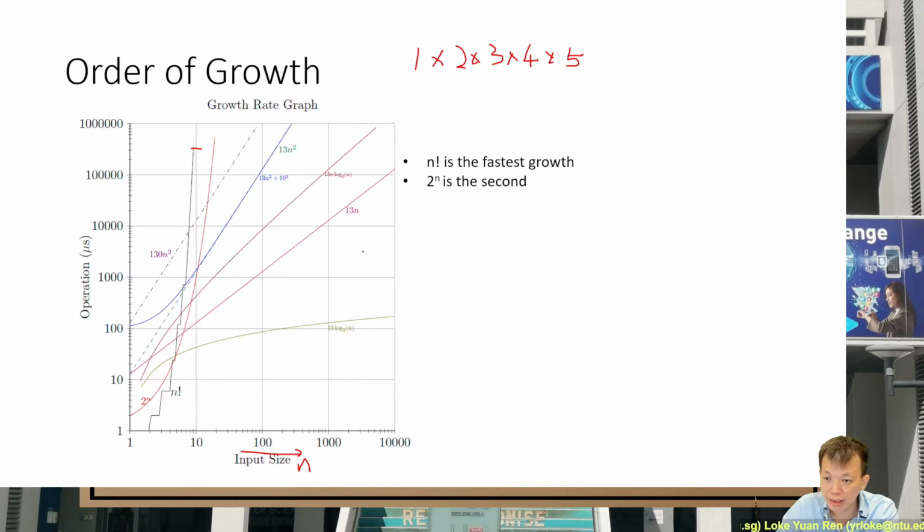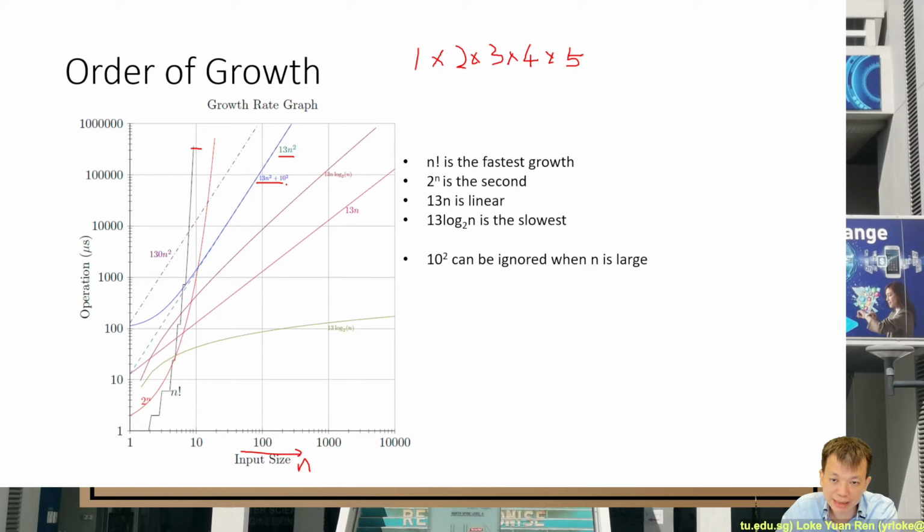Then if you compare from here, you can also find out that the logarithmic is the slowest growing one. Linear is okay. Then if you compare just now the 13n squared and 13n squared plus 100, initially there are some differences because you need to run an additional 100 operations. It looks like this one needs more time, but as your problem size gets larger and larger, that 100 additional operations is nothing.